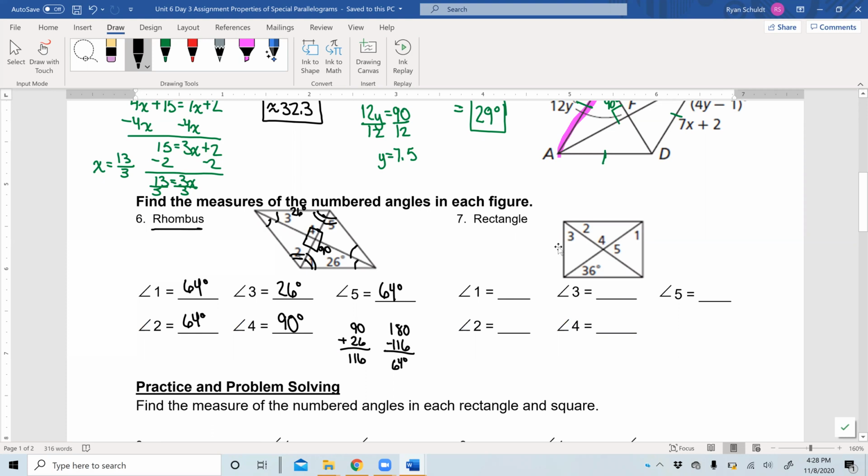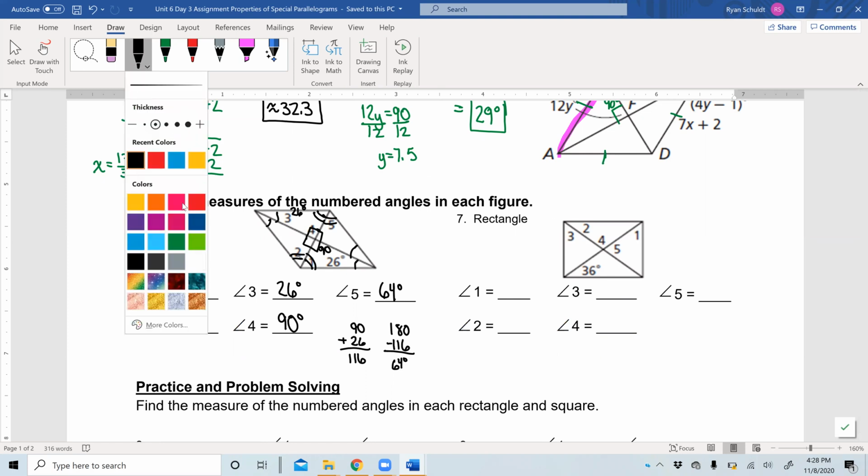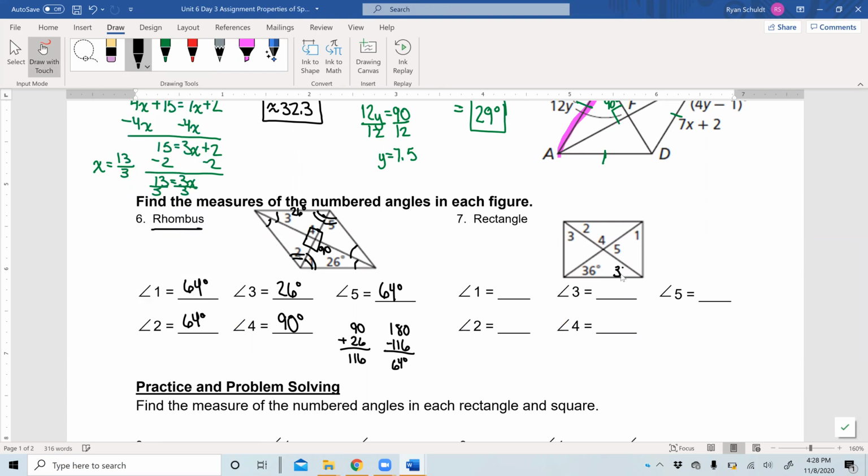And last but not least, we have number 7. It's a rectangle. Now, for rectangles, we do not know how the diagonals intersect. We can't say, oh, it's right angles, 4 and 5 are 90. No. We don't know that. What we do know, though, is that these have to be 36 degrees.